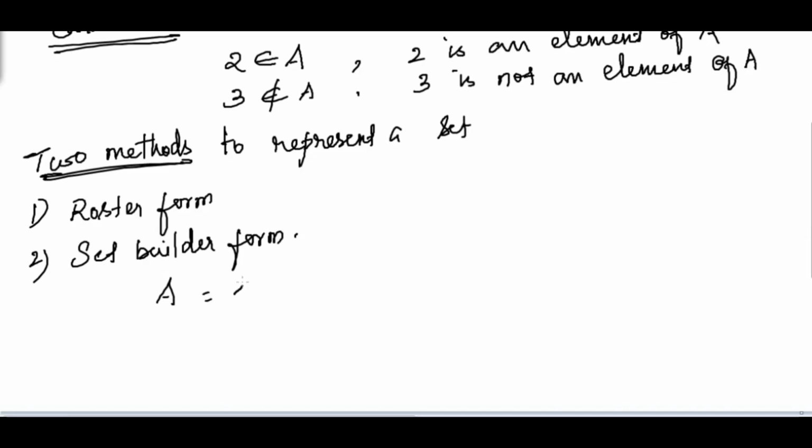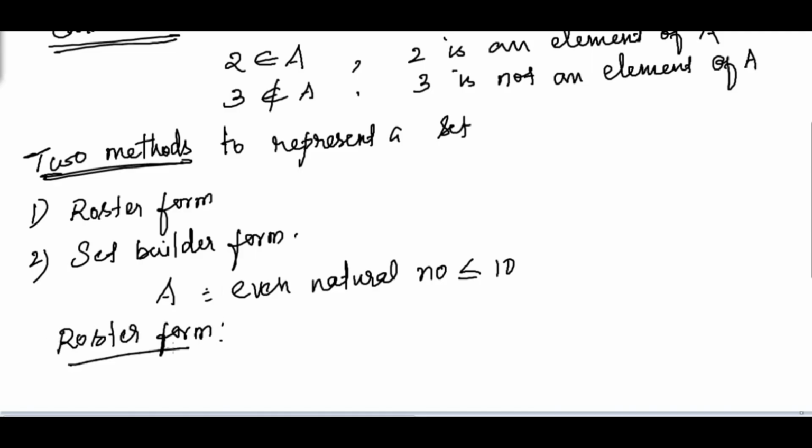Set A as even natural numbers less than or equal to 10. This is the statement. Now, how to write it in roster form? Generally, in roster form, we have to list out the elements. So A is equal to, what are the elements? 2, 4, 6, 8, 10. This is the roster form.